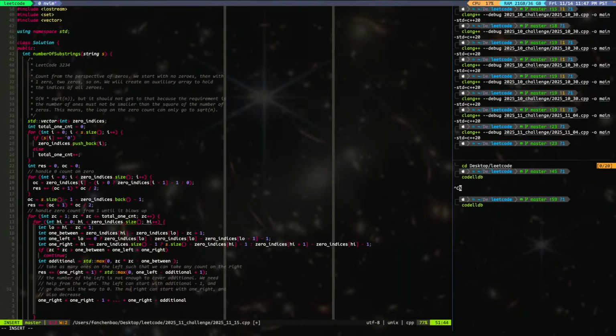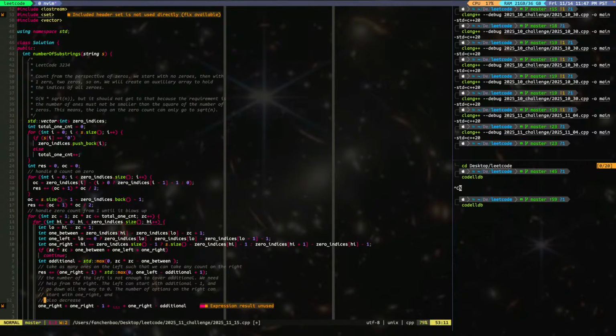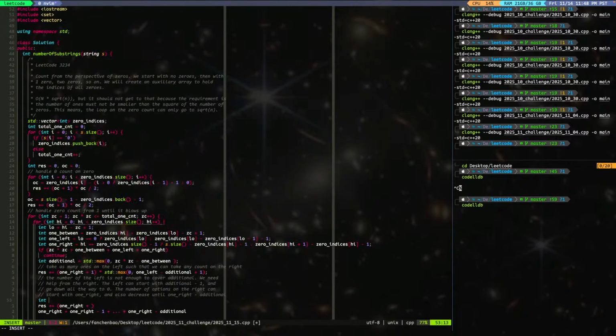The number of options on the right can start with this and also decrease until 1 right minus additional. Right. So here we're gonna say res plus equal to, it's gonna be 1 right, plus, and then do another one.